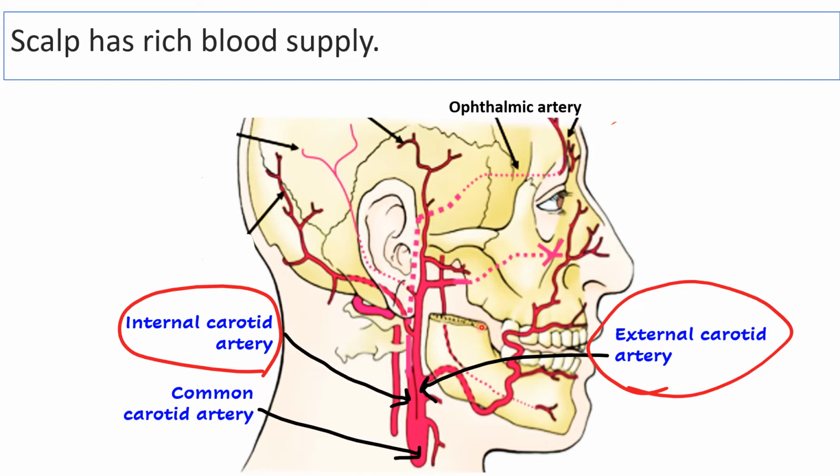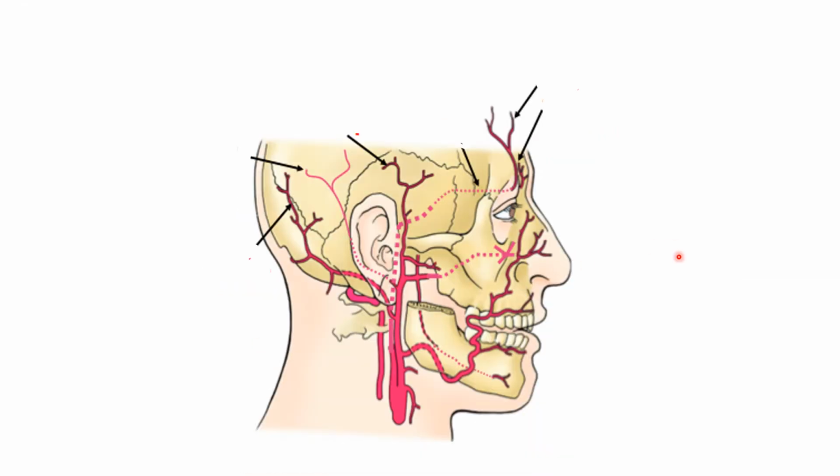So briefly I can say here, the main artery that supplies head and neck region is the common carotid artery, which divides into two branches, external and internal, and scalp will receive branches from both external carotid artery as well as internal carotid artery. Let us look at the branches now.